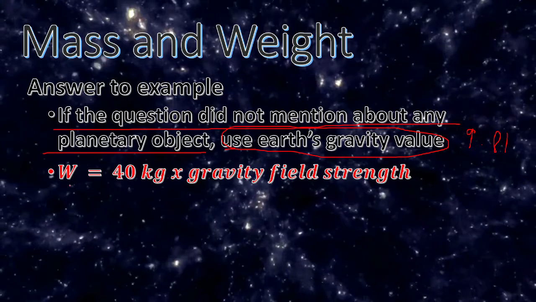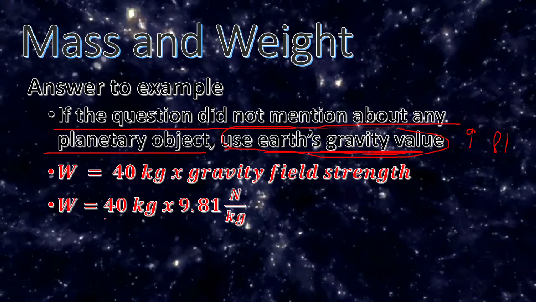Okay, so substituting from our equation, weight equals 40 kilograms times gravitational field strength. So we're going to use the Earth's gravitational field value. So we're going to get weight equals 40 kilograms times 9.81.